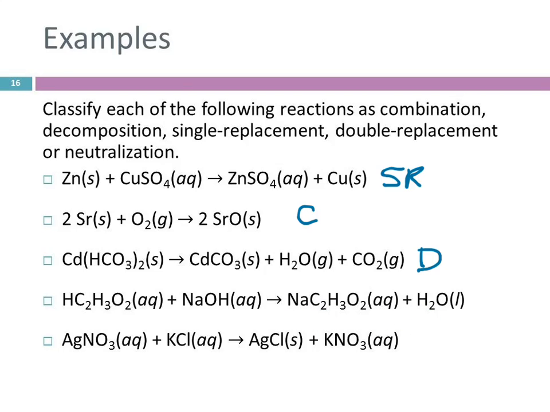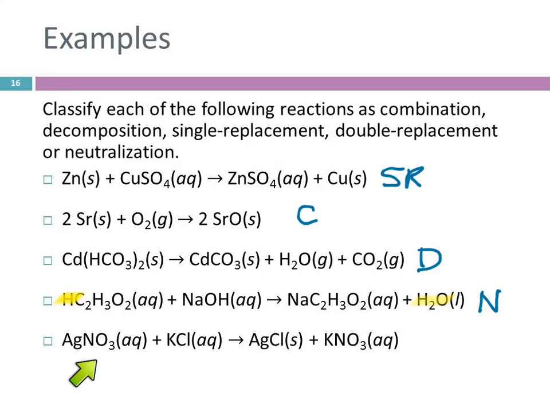So the big clues for you at this point in your chemistry career, we've got water there and we've got acid. Acid is one of the reactants, water is one of the products. This is a neutralization reaction. It is also a double replacement reaction.